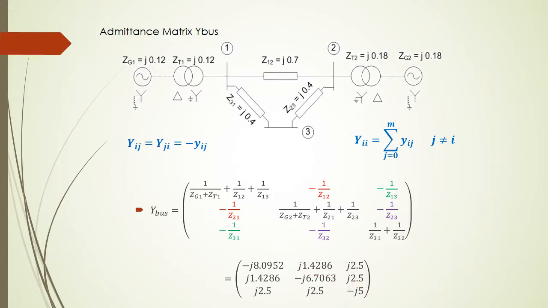The non-diagonal element immediately gives us the impedances between the buses, and then the remaining diagonal components will give us the remaining impedance from the bus to the neutral or ground, which is the sum of these impedances.